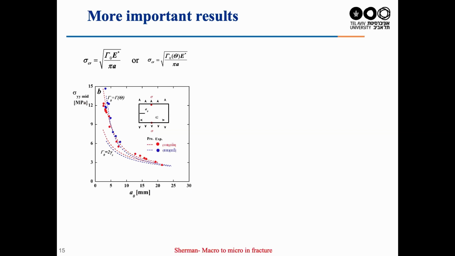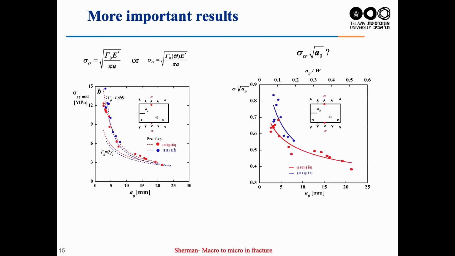And here, this is our experimental result with gamma of theta, and we have very nice fitting. In addition to that, if we evaluate sigma square root of A as a function of A naught, we don't see that sigma square root of A is constant. This is a very new graph.